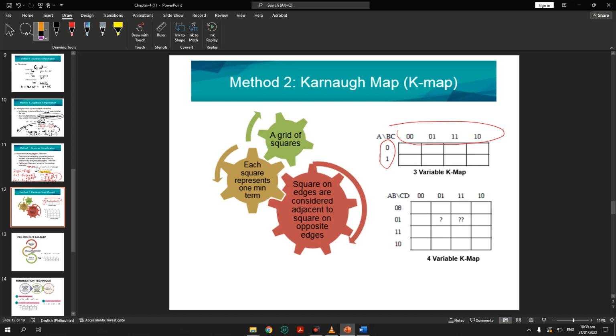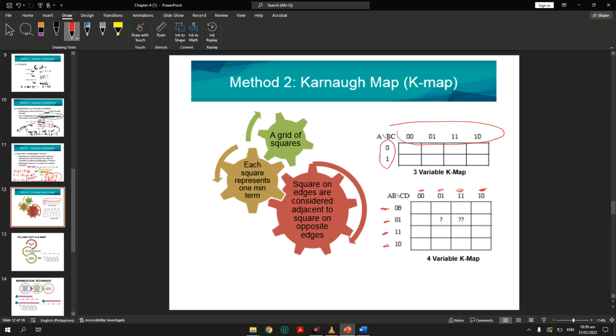And if you will notice, it is the same as in the 4 by 4 K-map: your AB is 0 0, 0 1, 1 1, 1 0. The same here, 0 0, 0 1, 1 1, 1 0.